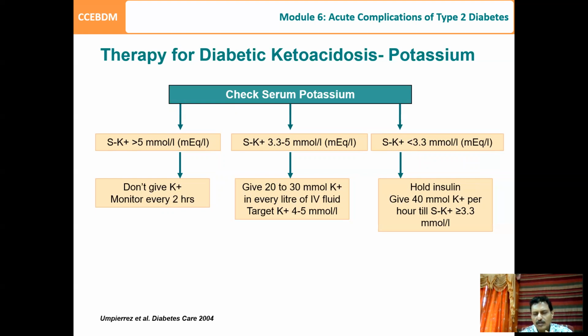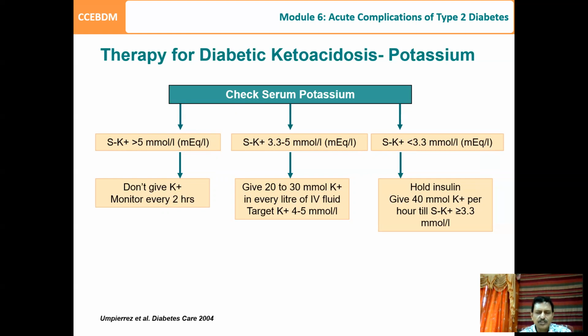You have to give the potassium not as an IV bolus, don't give it. We have to give the potassium in diluted form. So in each 500 ml bottle of fluid, you can give up to 20 to 40 milliequivalent.